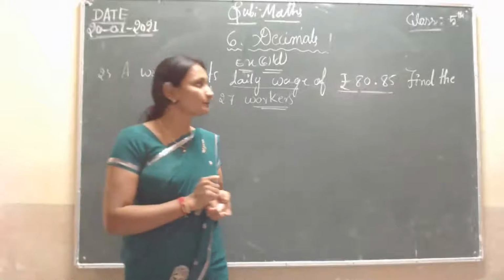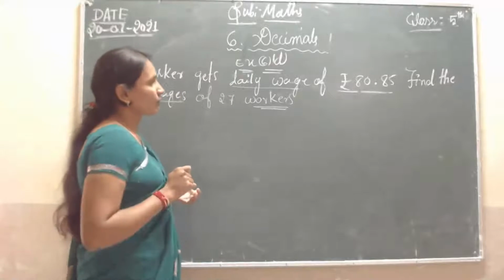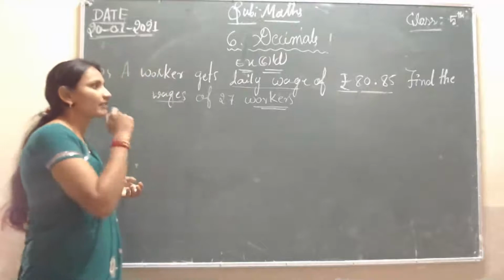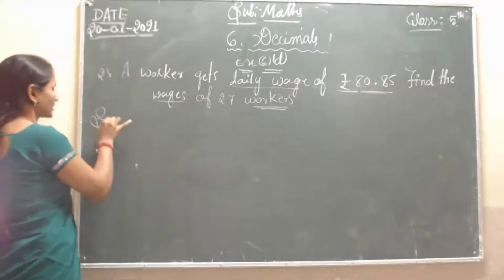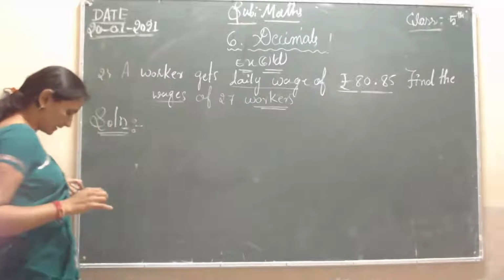So a worker gets a daily wage of 80 rupees 85 paise. Find the wages of 27 workers. In a word problem, you first have to write the statement.